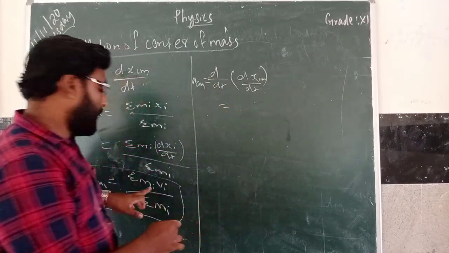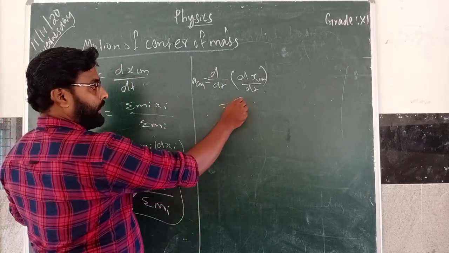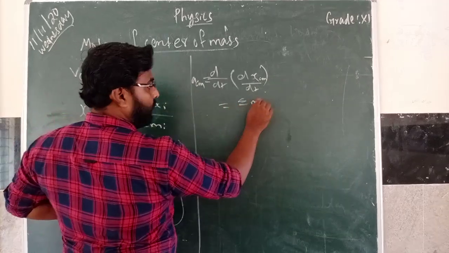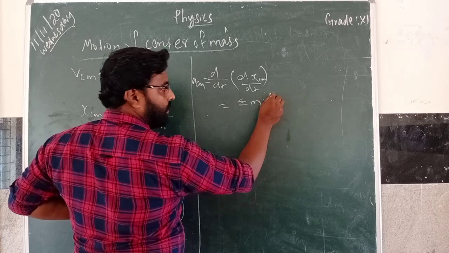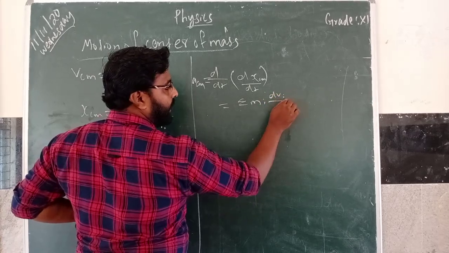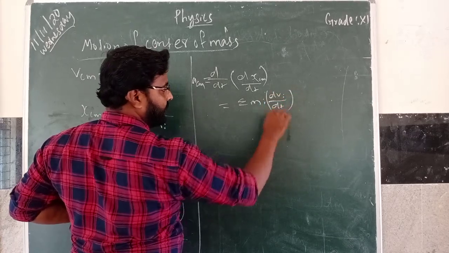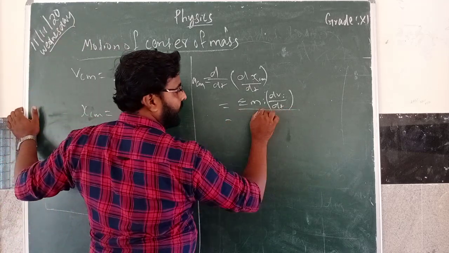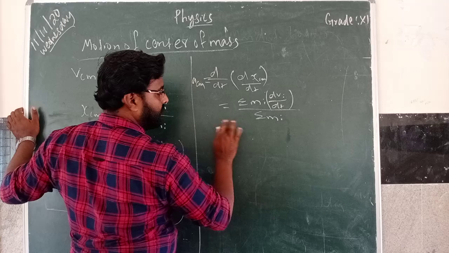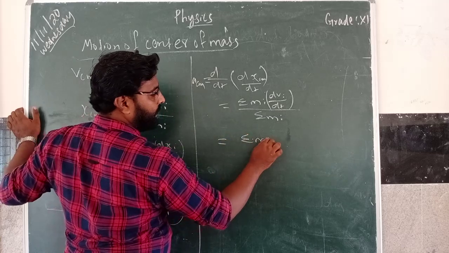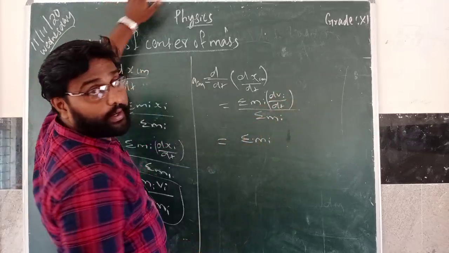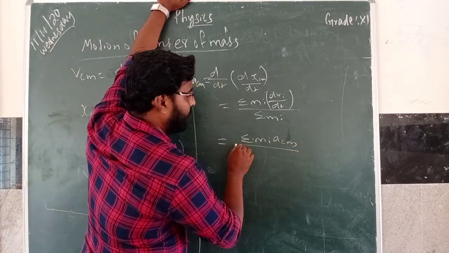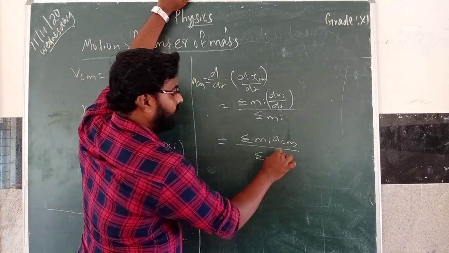So now we differentiate this equation: sigma mi, instead of vi, dvi by dt, that is the second derivative. Divided by sigma mi, it is equal to sigma mi dv by dt. dv by dt means acceleration. So acm is equal to sigma mi ai divided by sigma mi.